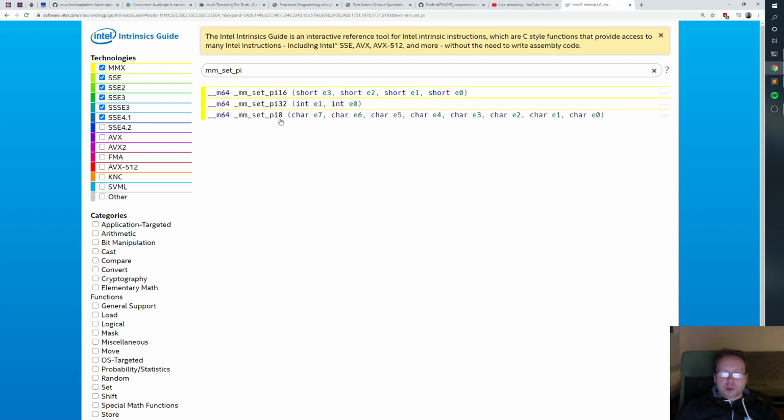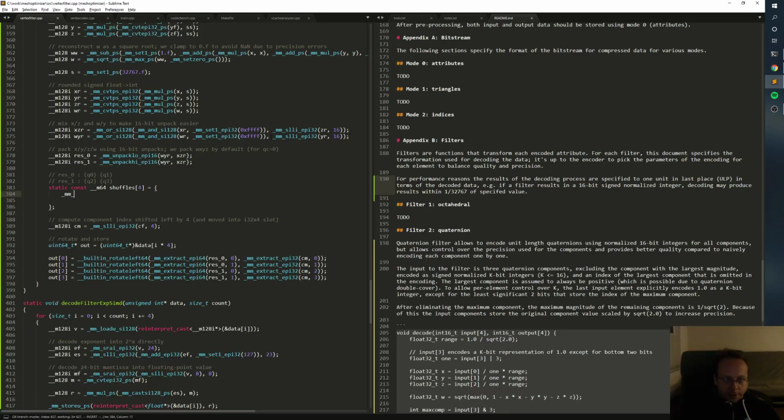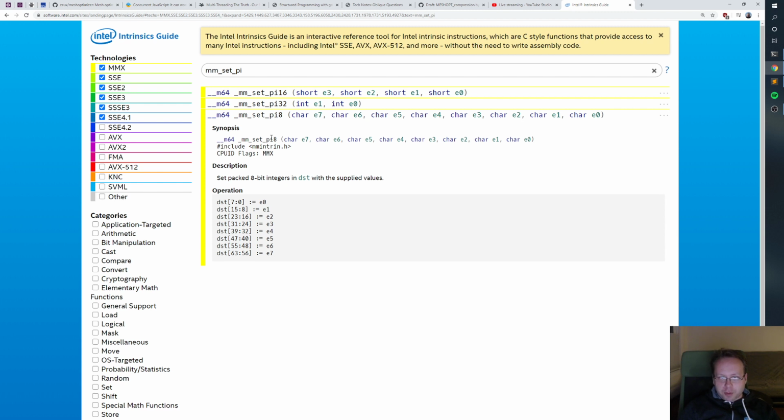So the way the shuffles work is you have to specify the bytes that you want to get out of the input vector. And so for a shuffle mask to not change the input value, it basically has to be just 0, 1, 2, 3, 4, etc. I'm trying to figure out if these values are being reversed.